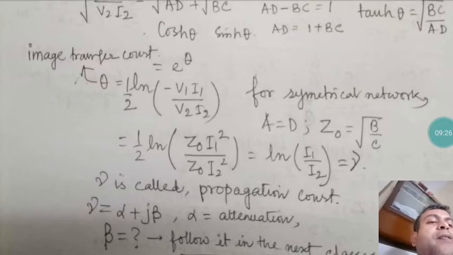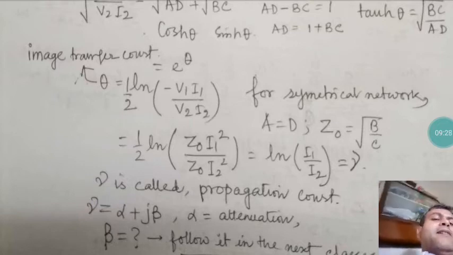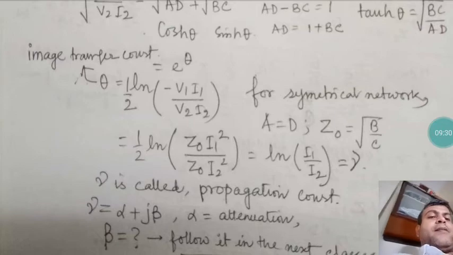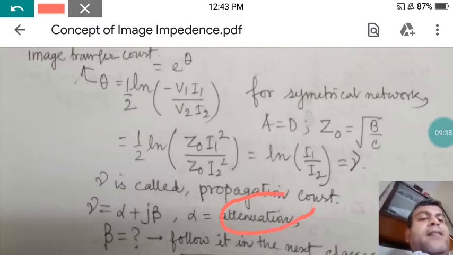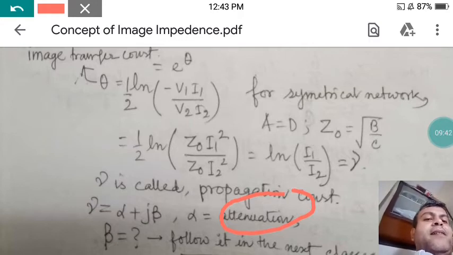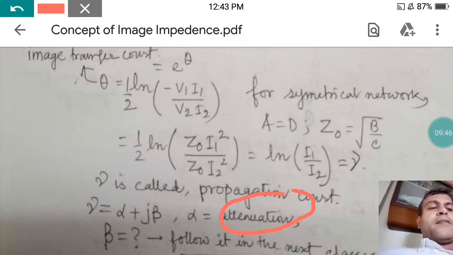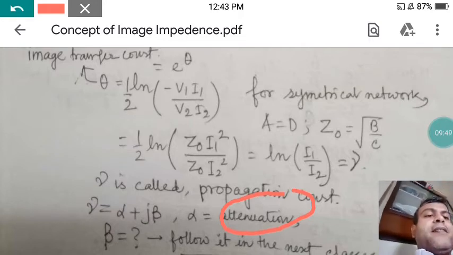This gamma is called the propagation constant. Gamma is a complex number, obviously, and it can be written as alpha plus j beta, where alpha is the attenuation constant and beta is the other part for signal transformation, which I will discuss in my next lecture.